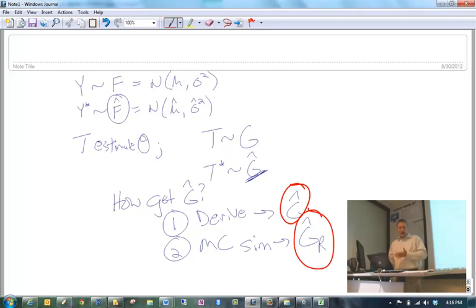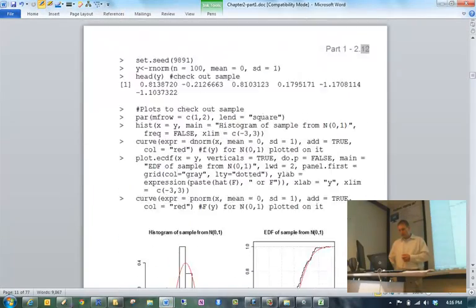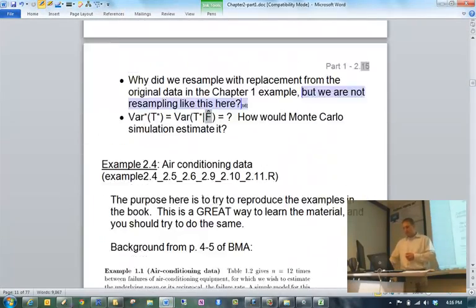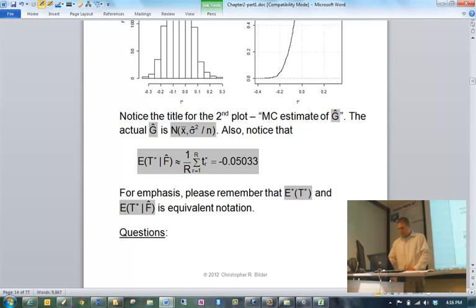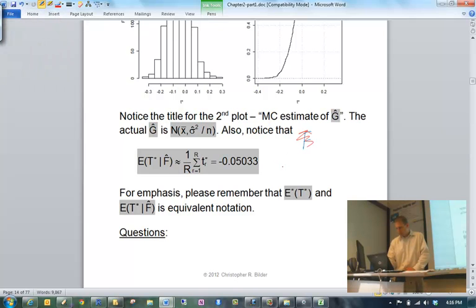We can also now look at expected values. So, for example, the expected value of T star given F hat, well, that's just Y bar, right?